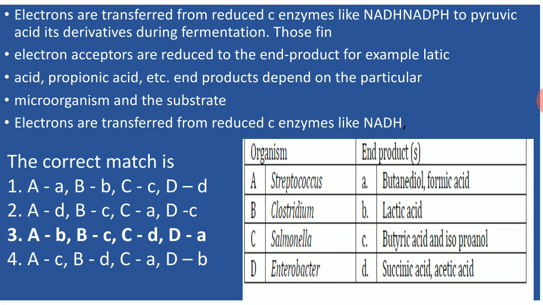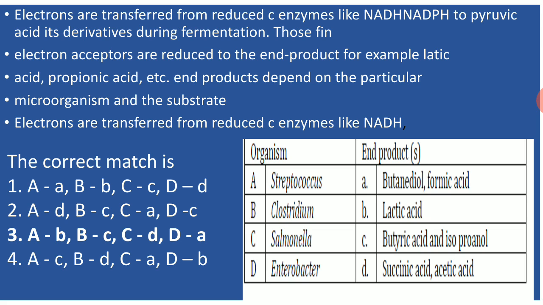Electrons are transferred from reduced coenzymes like NADPH to pyruvic acid or its derivative during fermentation. So you have to match the products. For this one, the answer is the third one.